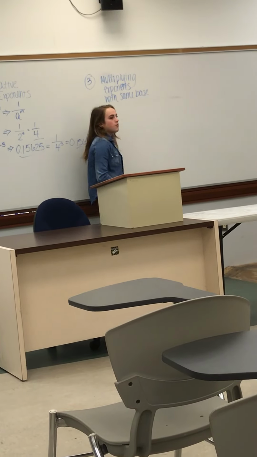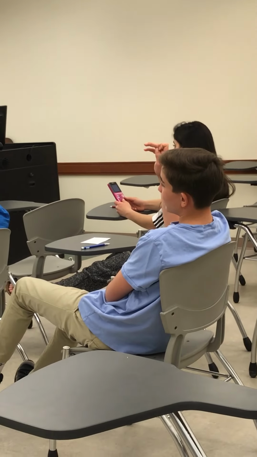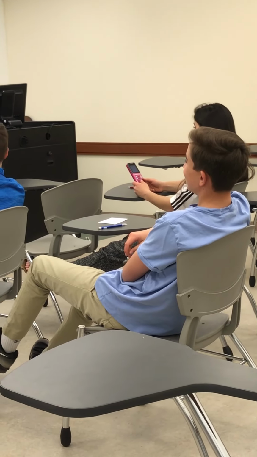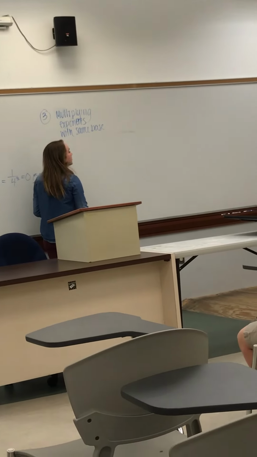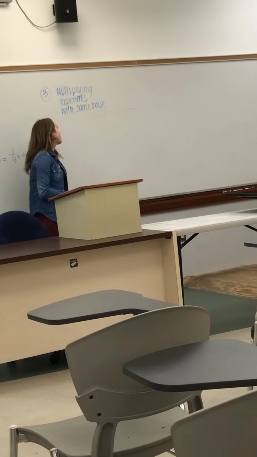Okay, what does the same base mean? Does anybody know? Yes, Jesse. The same base means like the same number in front of the exponent. Yes. Perfect. Like 1 squared times 1 to the 4th, the bases are the same, perfect.